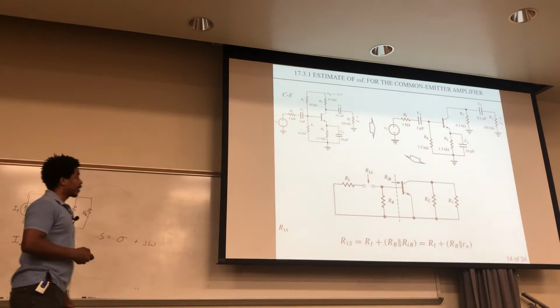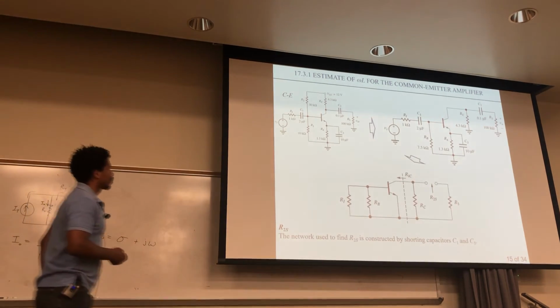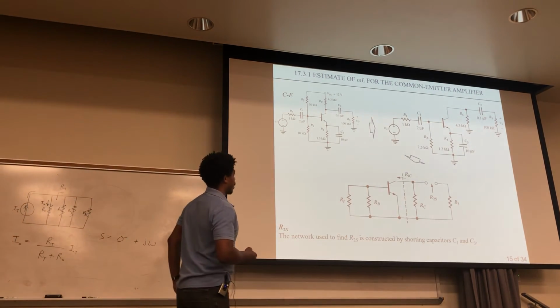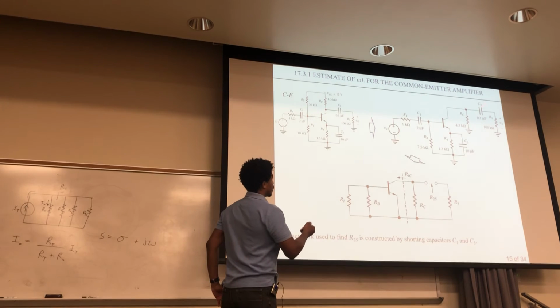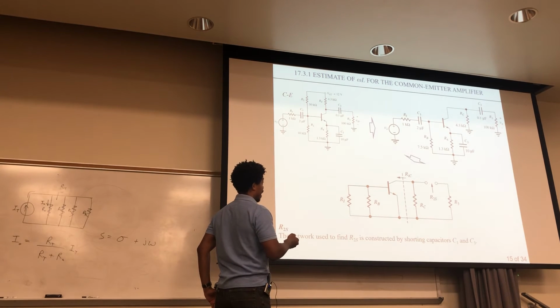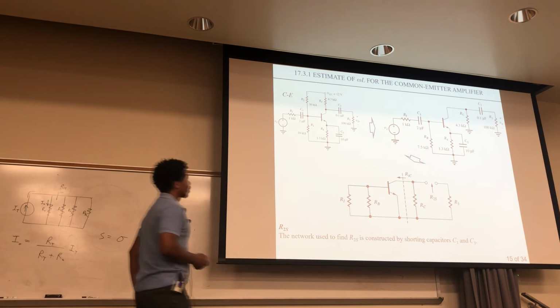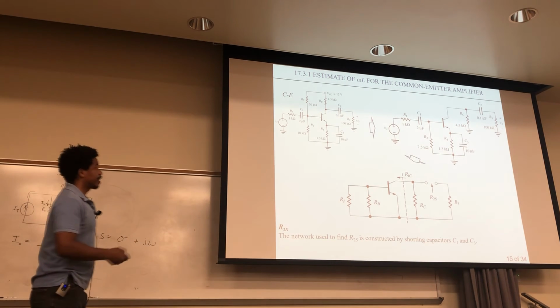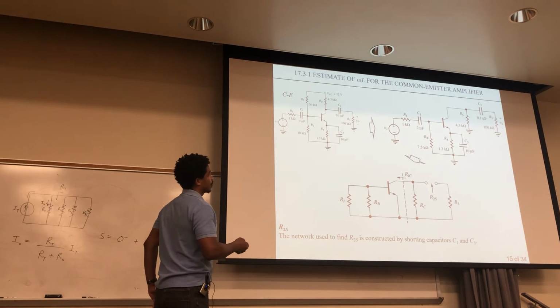For the second one, we did the same thing, but here with C2. We replace C2 with this R_2S, and the other capacitors become shorted. So this becomes shorted, and this becomes shorted right here. Then we just find the resistance seen between these terminals.